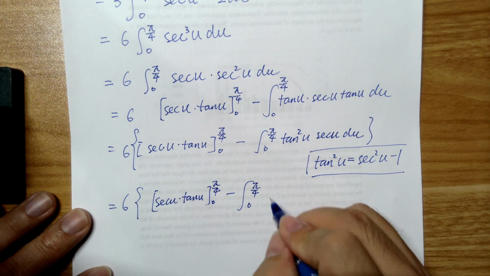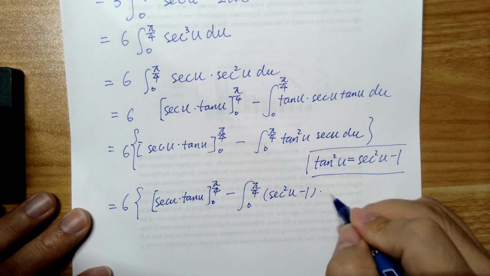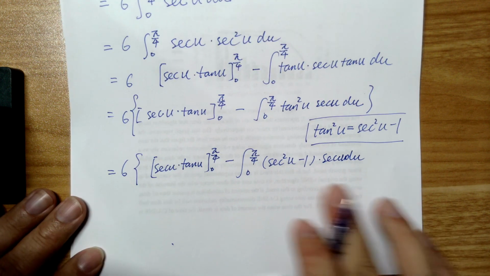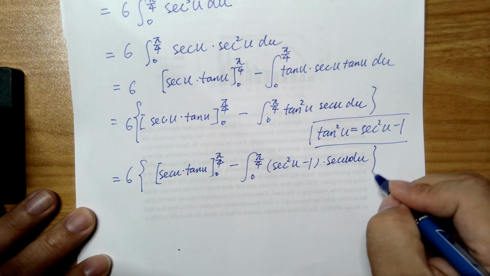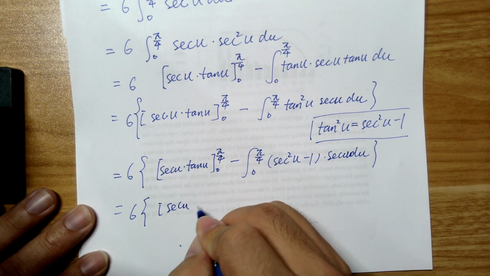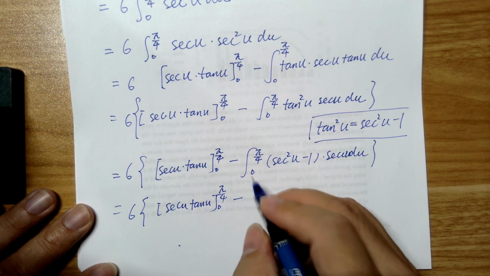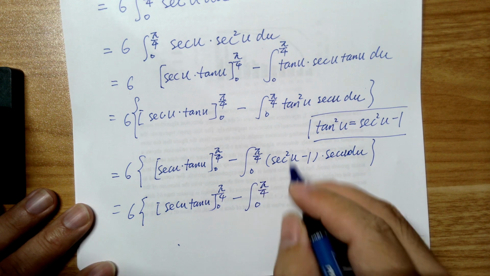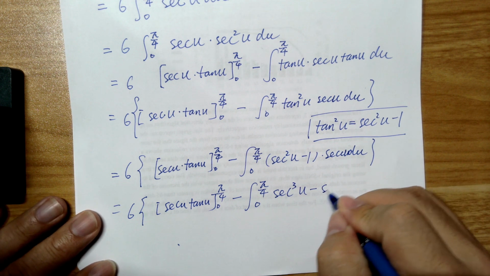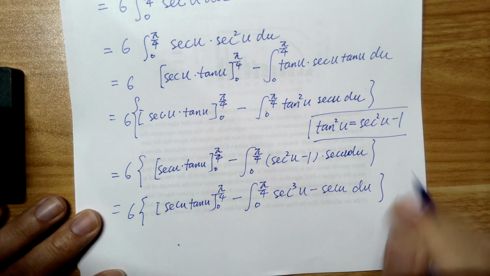So you're going to have secant squared u minus 1 times secant u du here. If you distribute it, you will see, and then minus the integral from 0 to pi over 4, you're going to have secant cubic u minus secant u, and then du.